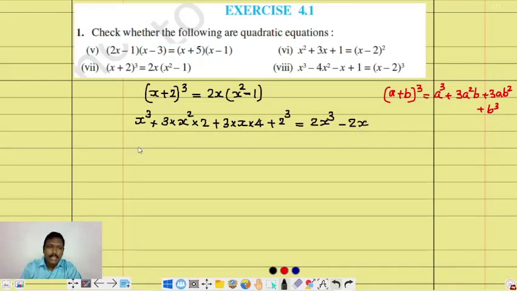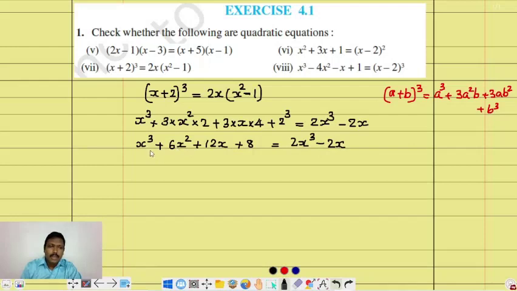Now we have to rearrange it, that is x cube plus 2 into 3, 6, so it will be 6x squared. 3 into 4, 12x, so this we can write as 12x plus 2 cube will be 8, plus 8 is equal to 2x cube minus 2x.